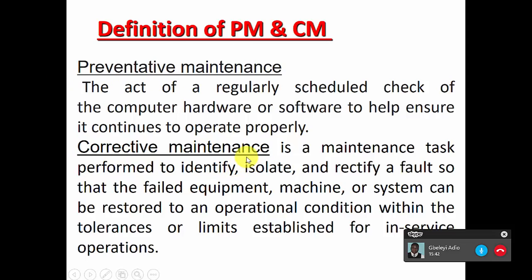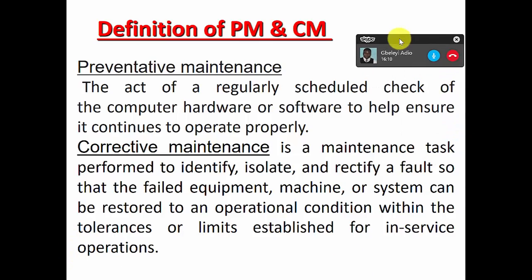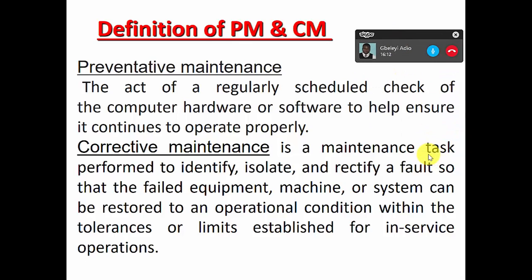So preventative maintenance, that's the act of a regular schedule check of computer hardware or software to ensure it continues to operate properly. While corrective maintenance is the maintenance tasks performed to identify, isolate, and rectify so that a failed equipment, machine, or system can be restored to an operational condition within the tolerance or limit established for base operations.